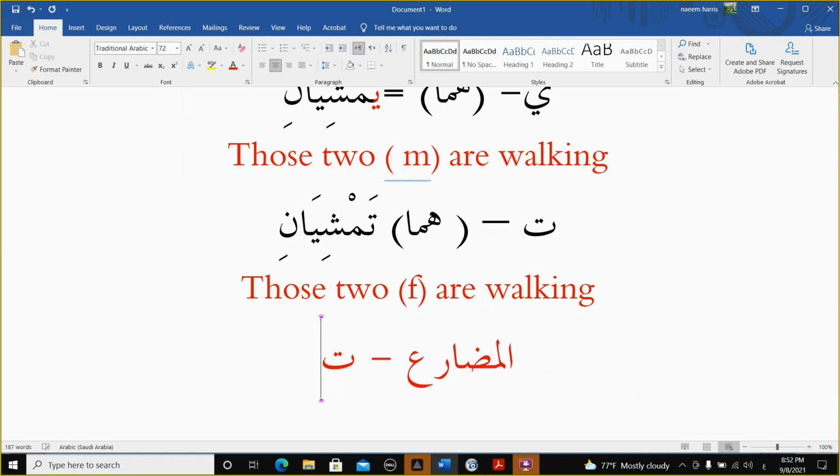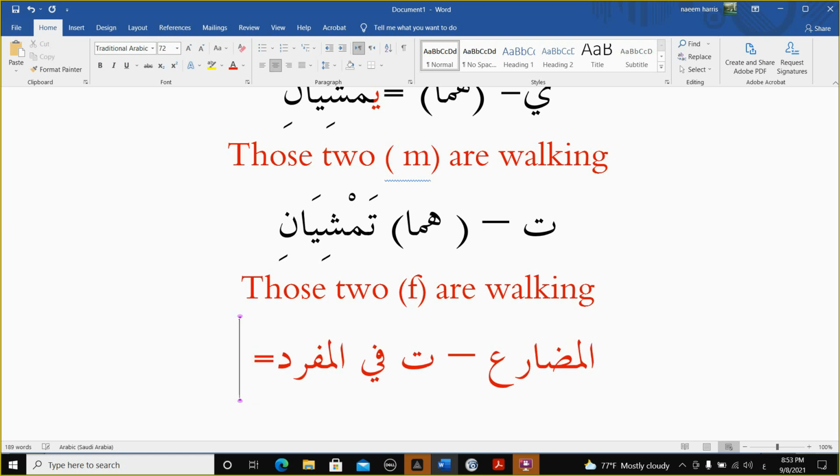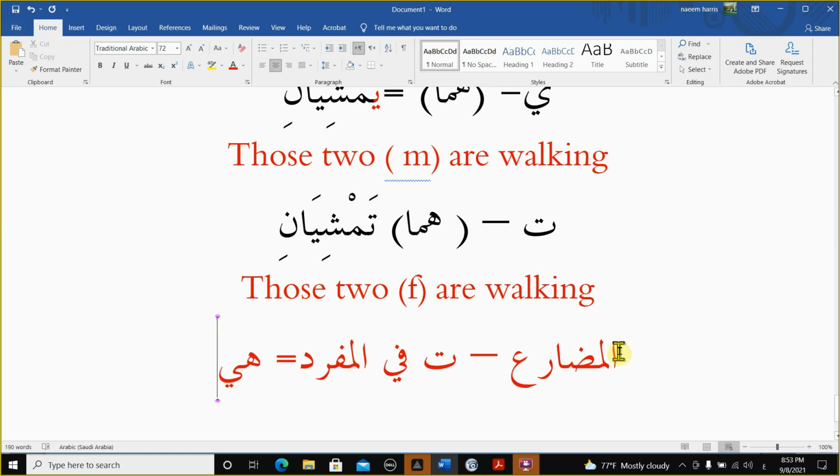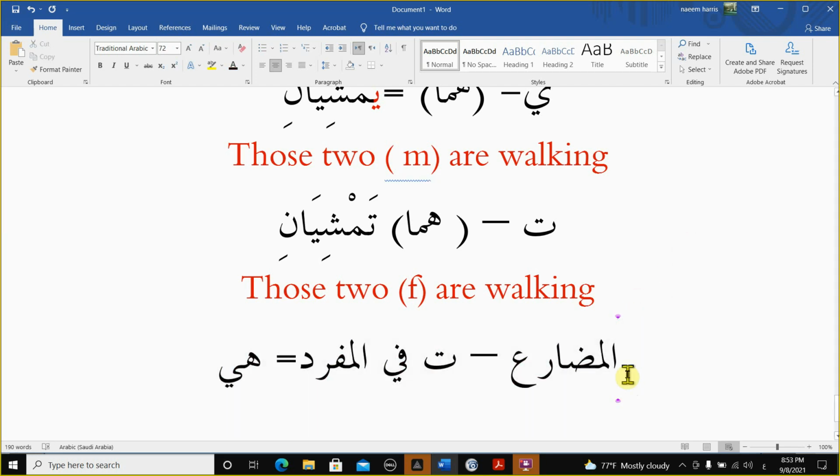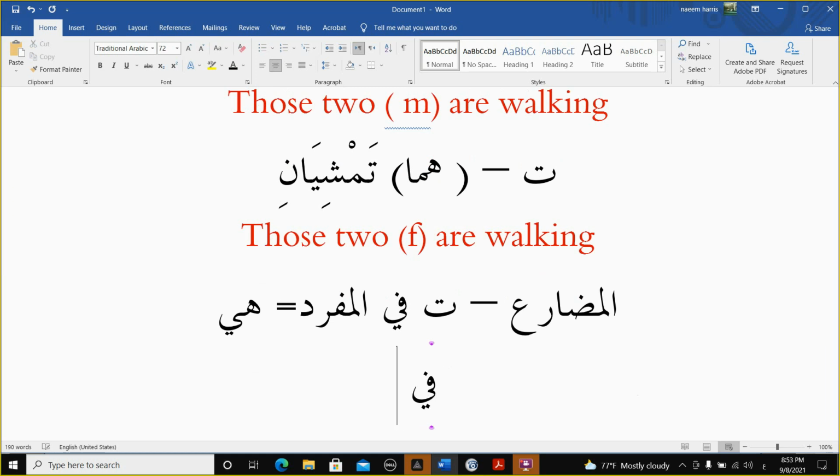And the madari, if you see the ta in the madari in the singular, then it is talking about her. Also in the dual, it points to her.